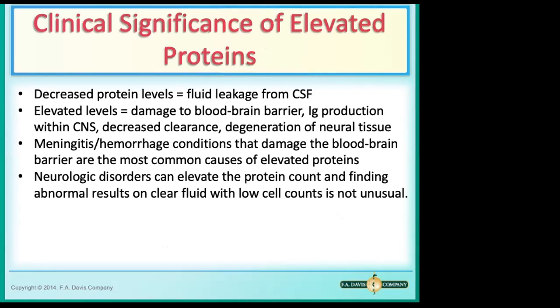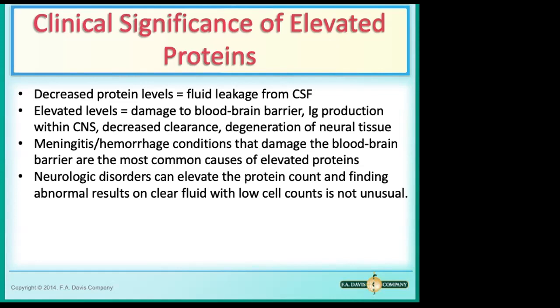They can mean that there was damage to the blood-brain barrier, IgG production, immunoglobulin production within the central nervous system, decreased clearance, or degeneration of neural tissue. Decreased protein values can be an indication of fluid leakage from the CSF.